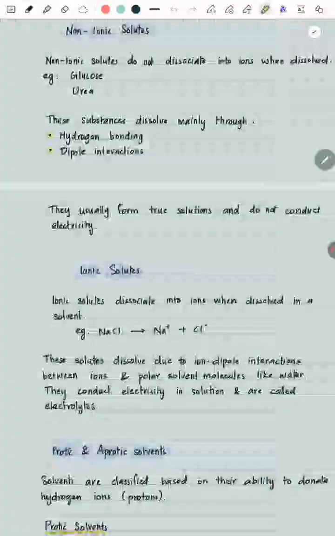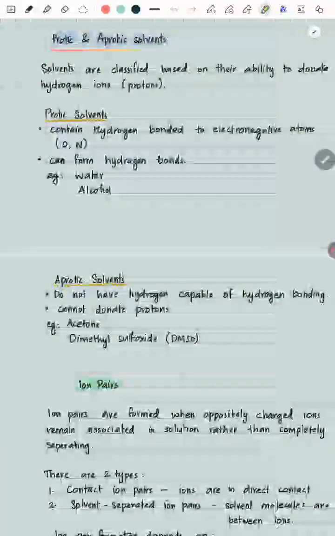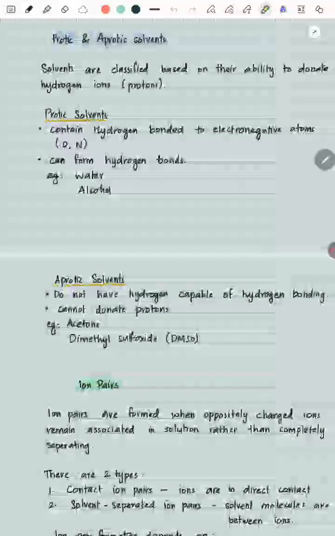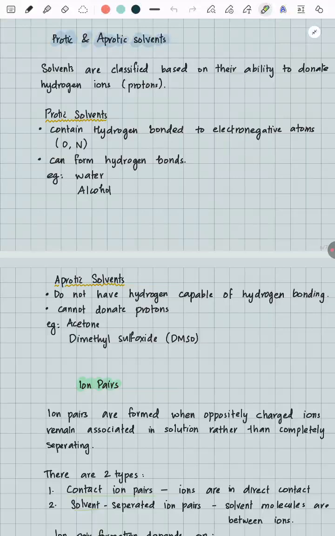Now let us discuss protic and aprotic solvents. Protic solvents are those that have hydrogen atoms attached to highly electronegative atoms like oxygen or nitrogen. Because of this, they can donate hydrogen ions and form hydrogen bonds. This makes them very effective at stabilizing ions in solution.